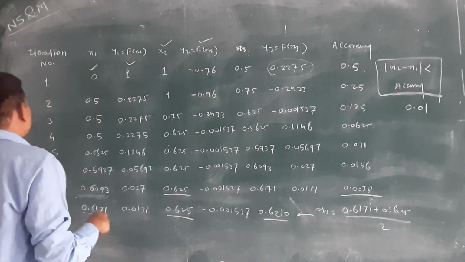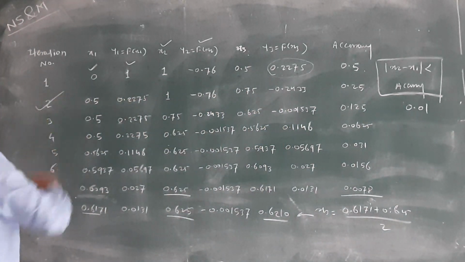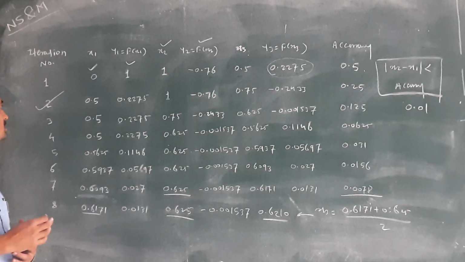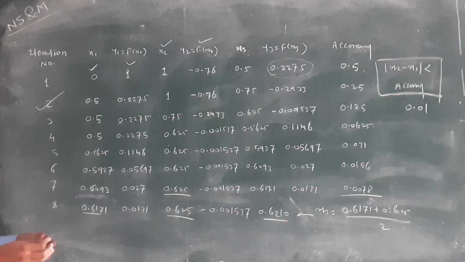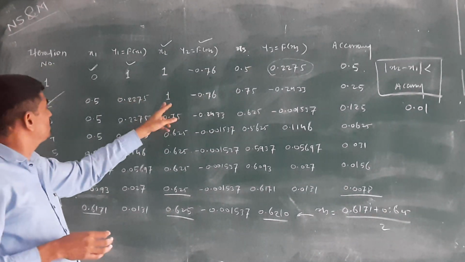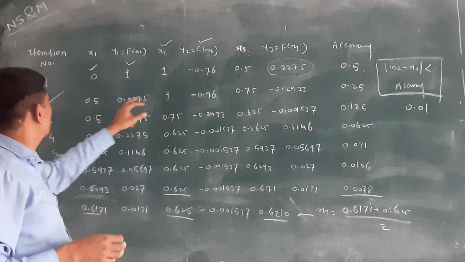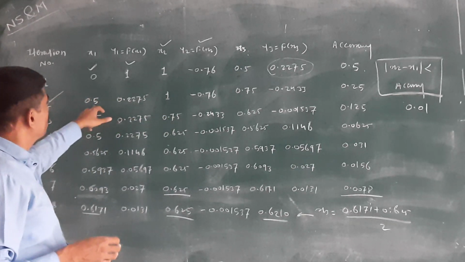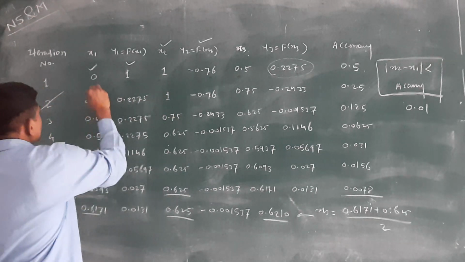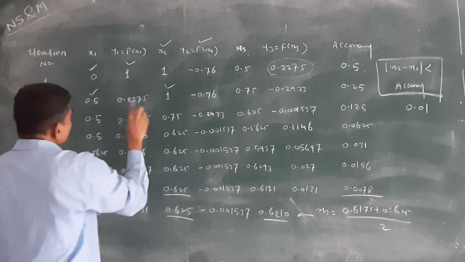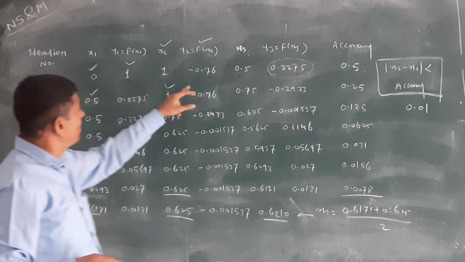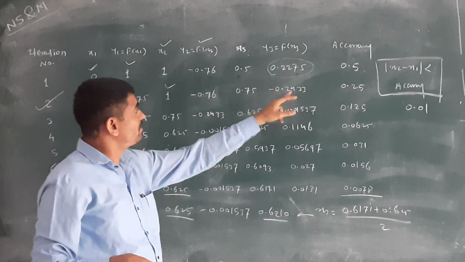Again we go to iteration number 2. What are our initial guesses? We know that x1 is equal to 0.5 and x2 is 1 as it is. 0.5 is the new guess, and x2 as it is. With these two guesses, we use the same procedure again. Find the values of y1, y2, x3 and y3.